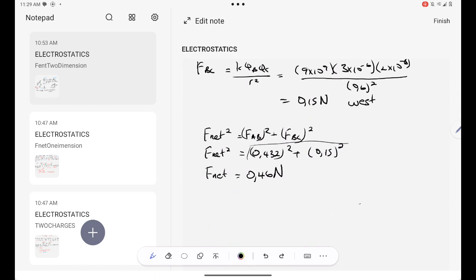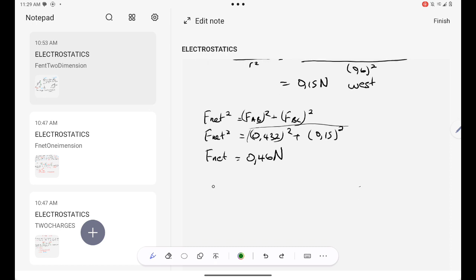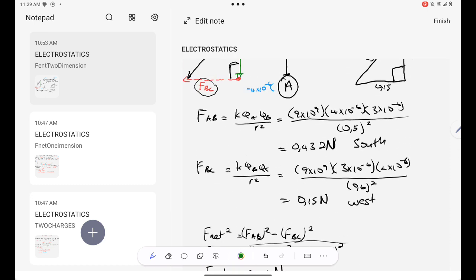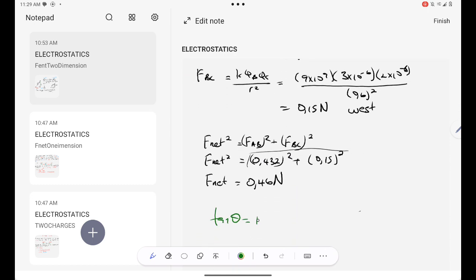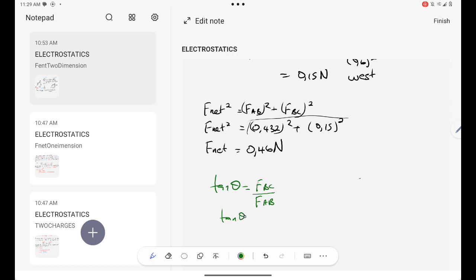So to find the angle theta, I simply need to say tan theta is just opposite over adjacent, and the opposite is represented by the force between charges B and C. The adjacent is just the force between A and B. So tan theta is just 0.15 all over 0.432.